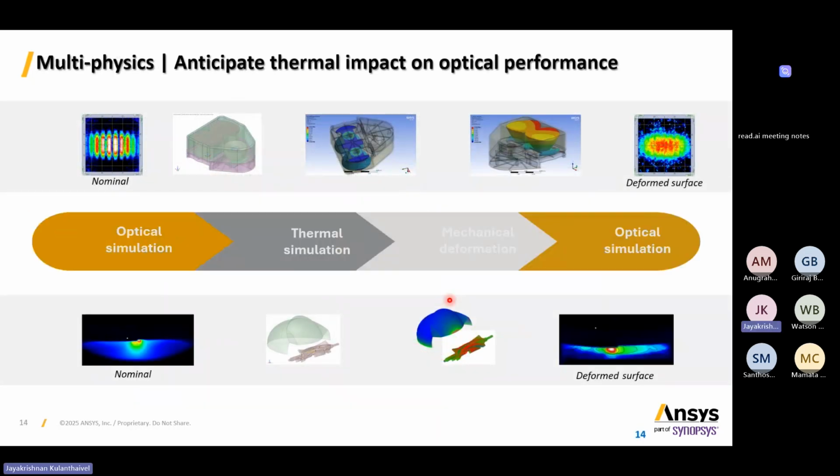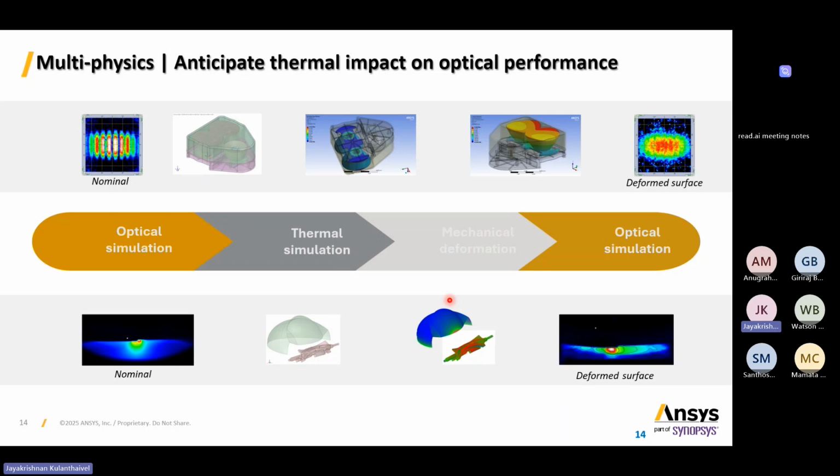And multiphysics simulations. Whenever you're designing optics, it doesn't mean it has to be only optics. It can have a thermal impact due to some external thermal environment, or due to the housing or mechanical components, so there is a slight chance of affecting the optical performance.